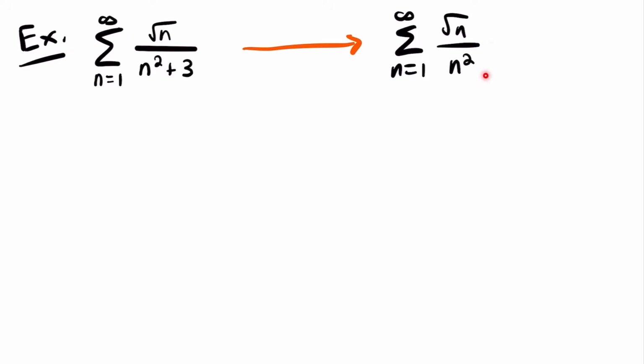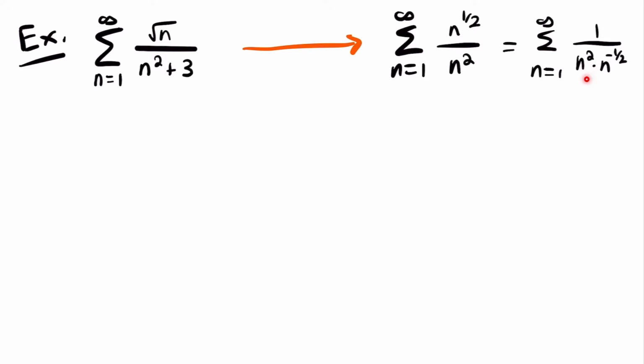Okay, now if we simplify this a little bit, we can rewrite the square root of n to be n to the 1/2 power. So let me do that real quick. We'll have n to the 1/2 power. And then to simplify further, we can move n to the 1/2 power to the denominator and make that exponent negative. So this would be equal to the sum from n equals 1 to infinity of 1 divided by n squared times n to the negative 1/2 power.